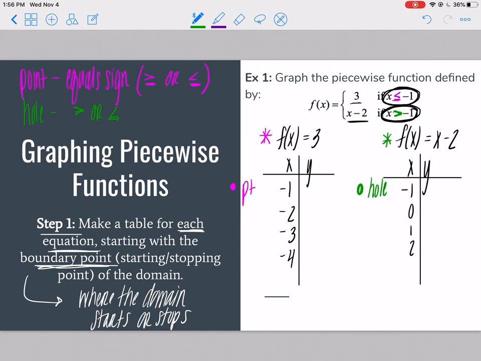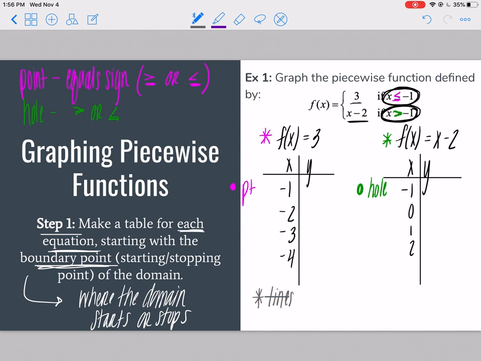So then we've got to just plug in these couple values for the table. Like I said, you always start at that boundary point, and then you want a couple of other points depending on which direction it's pointing. Now, technically, both of these are equations of lines, and for lines, you really only need at least 2 to 3 points. So that's another thing that you can make a note of.